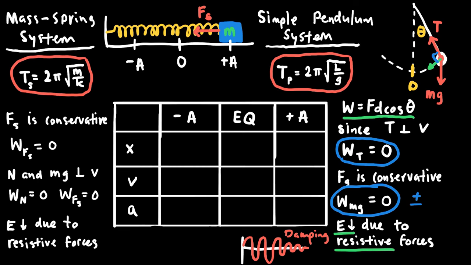And now quickly let's look over at the mass spring system. Similarly, I know that the spring force is conservative because when the mass is on the right-hand side, the spring force pulls to the left. And when the mass is on the left-hand side, it points to the right, which means that as the spring gets stretched or compressed, the spring force always points towards the equilibrium.